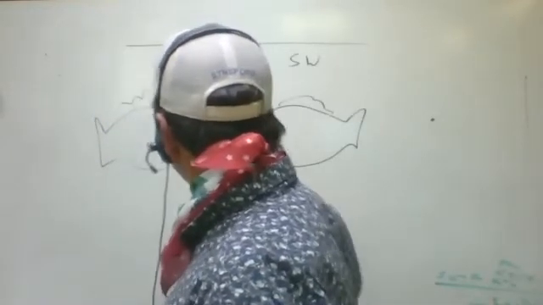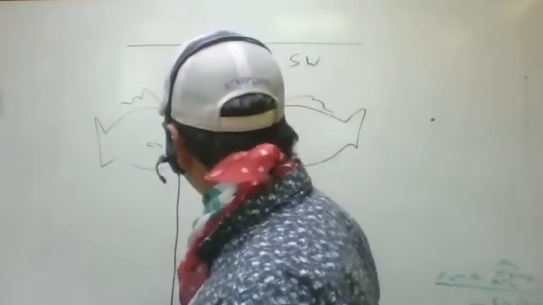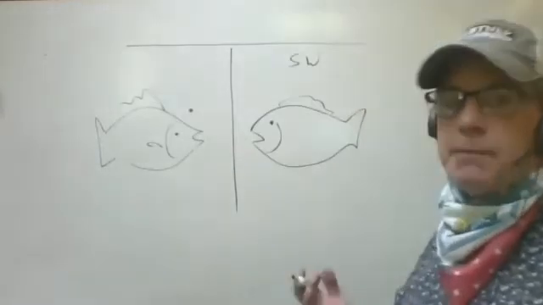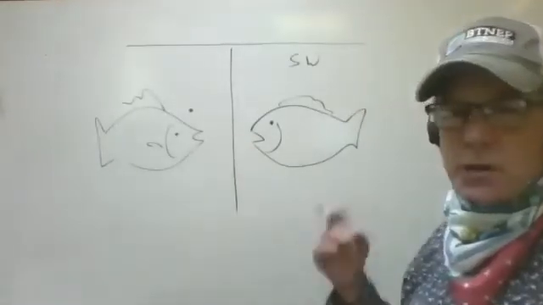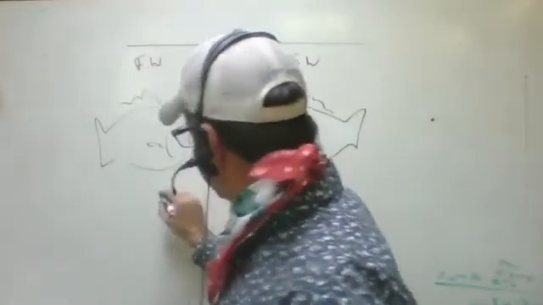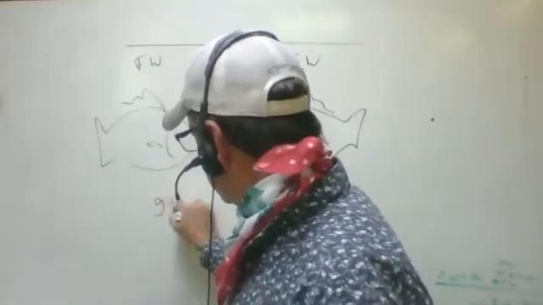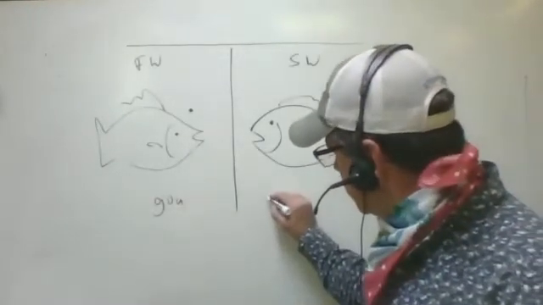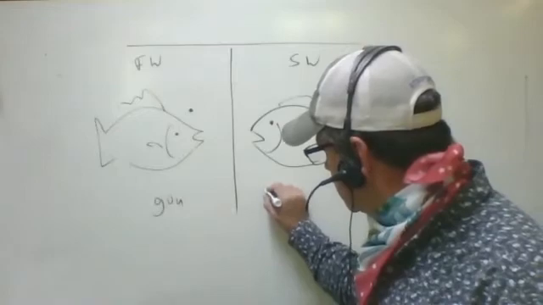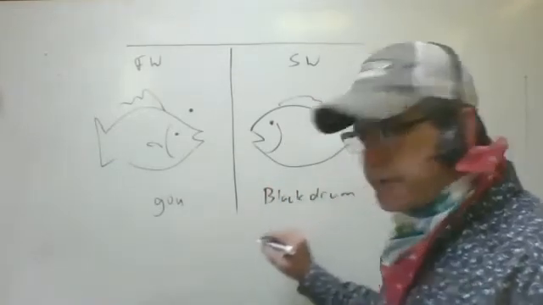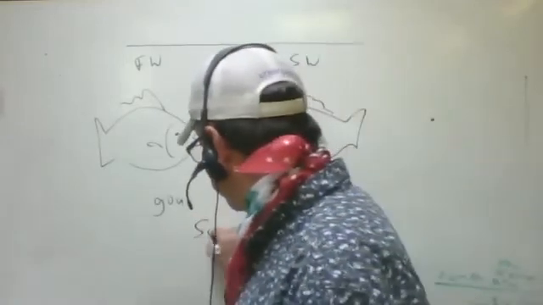It makes it even easier to compare this when you have a family of fish so that these fish even look alike. Our example of that was the Gaspergou. You could just call it the goo fish, the goo versus an Atlantic croaker. Maybe you could say the black drum. These are in the same family, sciaenids.